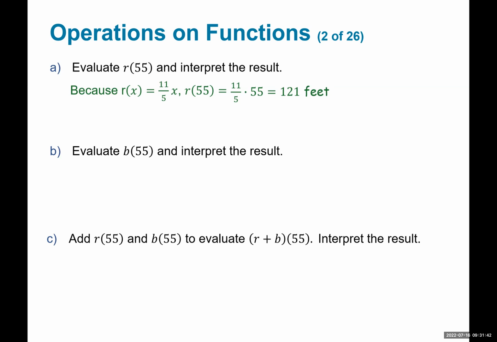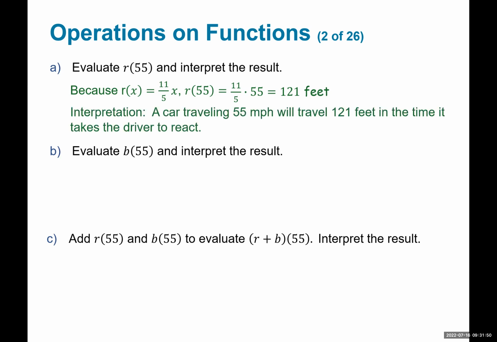How many feet would the car still travel before the reaction to put on your brake? 121 feet. So if a car was traveling at 55 miles per hour, that's what X represents, the speed, it would take them 121 feet in the time to react.